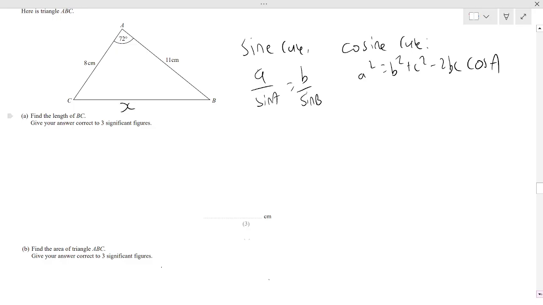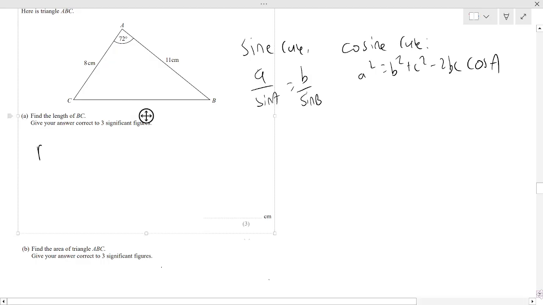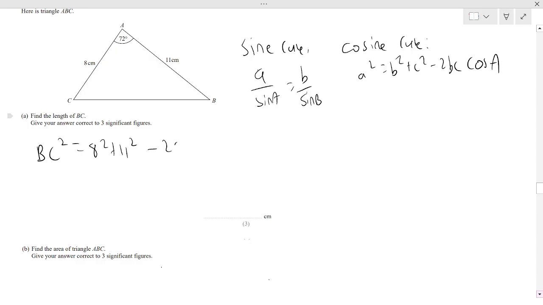So we call this x then, or you could just call it BC, doesn't really matter. BC squared by the cosine rule then is going to be 8 squared add 11 squared minus 2 times 8 times 11 times cos of 72, right?